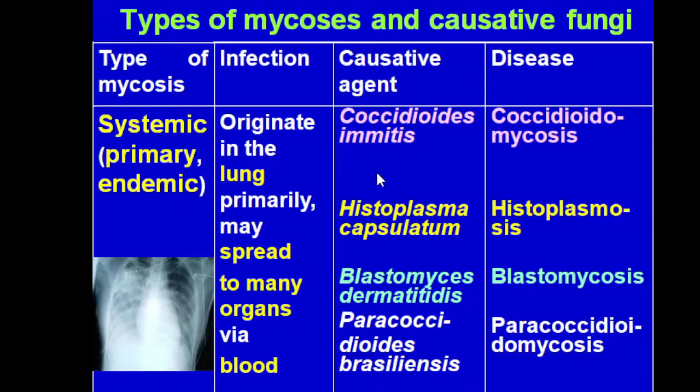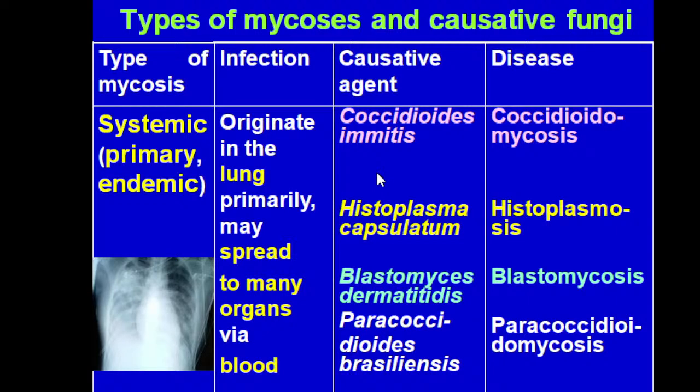So, and then we come up to the systemic so-called primary or endemic mycosis. Usually they start with the inhalation of the spores and originate in lungs primarily, and from lungs they can spread to many organs via bloodstream.